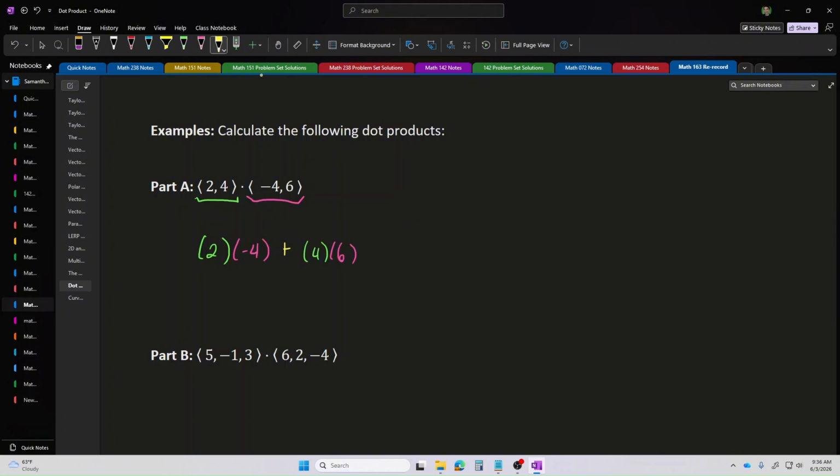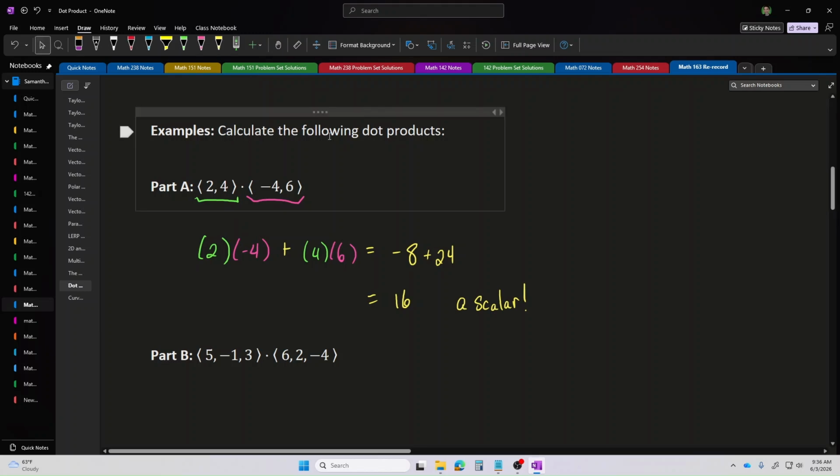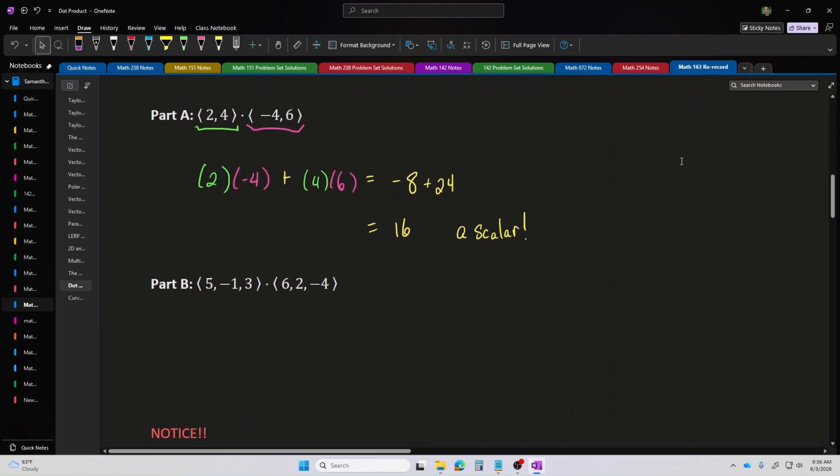Now evaluating that using PEMDAS, I have -8 from the first product and 24 from the second product. So I get from this dot product the number 16. And I emphasize that the result of this dot product calculation is a number, a scalar. When you multiply a pair of vectors via the dot product, the result is a scalar.